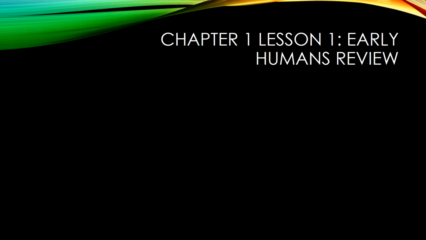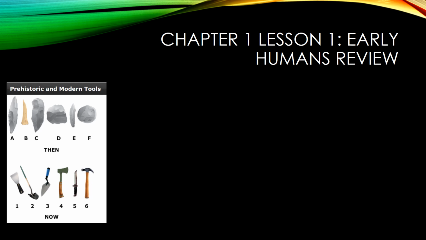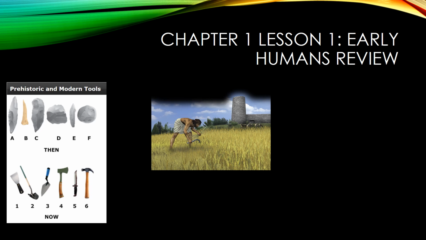So let's review what we've talked about today in the way of early humans from chapter 1, lesson 1. The first thing we talked about was that early humans used tools for various reasons in their daily lives to survive, whether scraping, cutting, digging, or puncturing tools, just as we do today. Secondly, we learned that they domesticated crops and animals, which gave them a way of life more conducive to producing a large-scale civilization, where they could move away from their nomadic lifestyles.